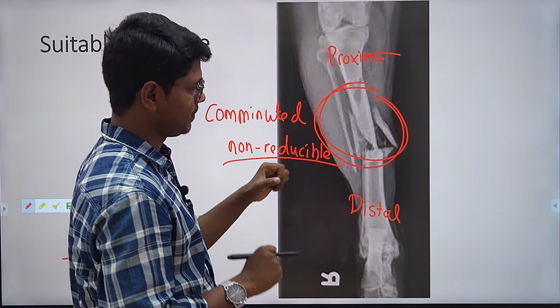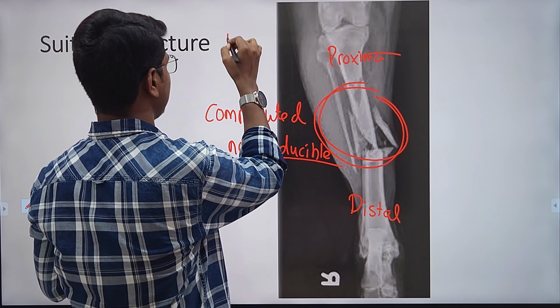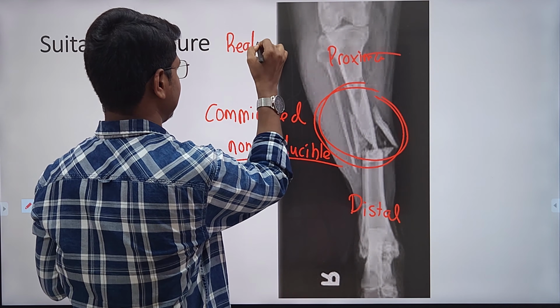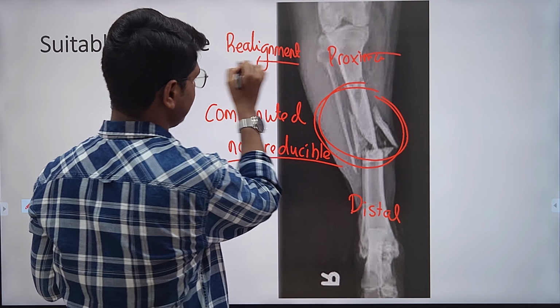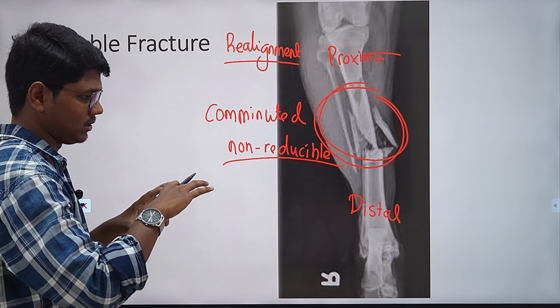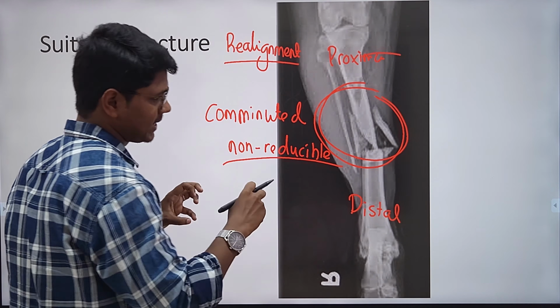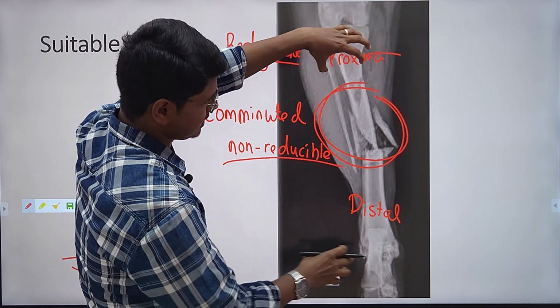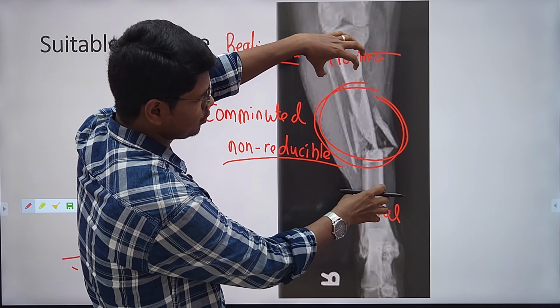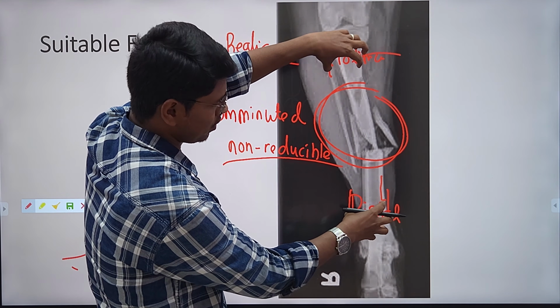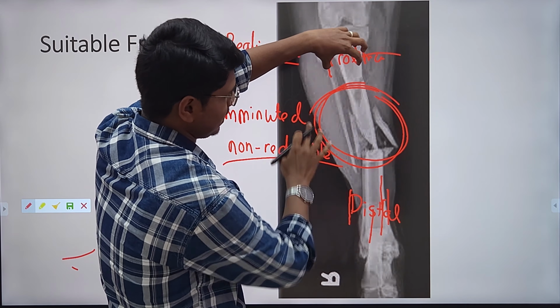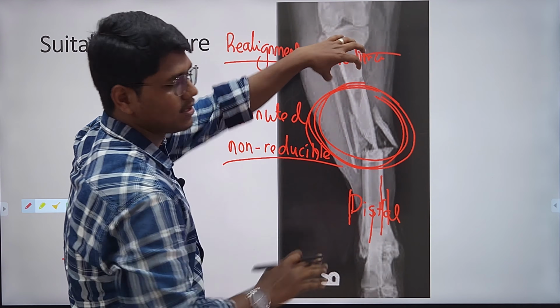The best principle for comminuted fracture, as I told you, is realignment. So the basic objective is that this proximal segment and distal segment should be distracted. These two segments will be distracted if contracted, and this particular segment will not be touched.